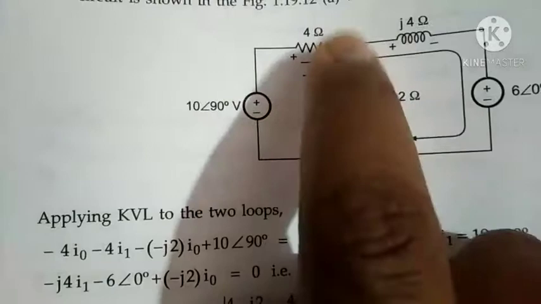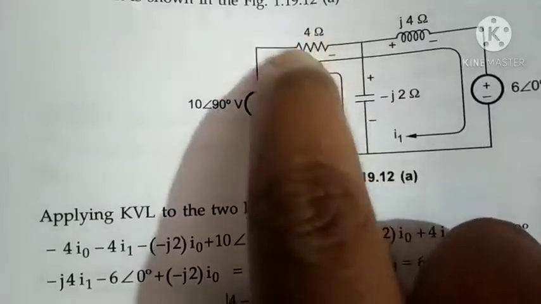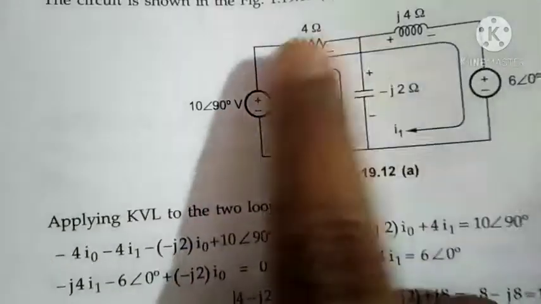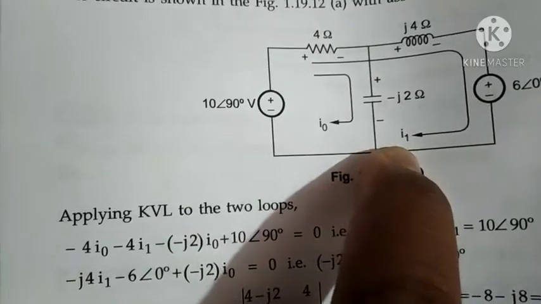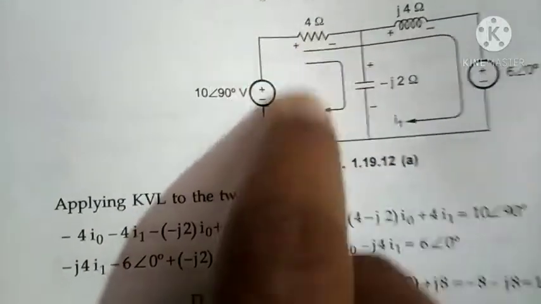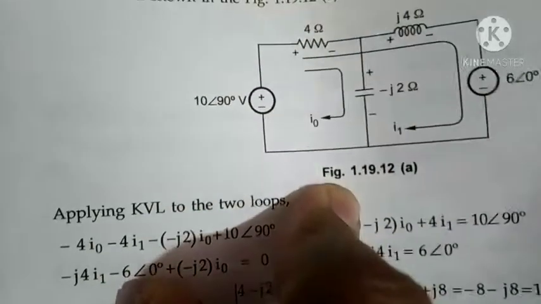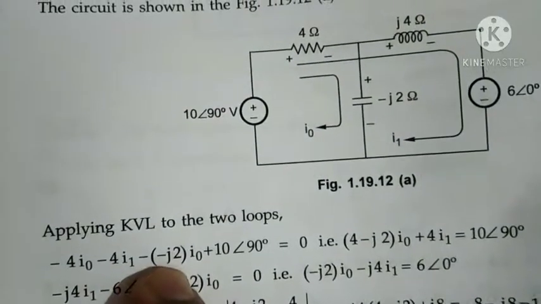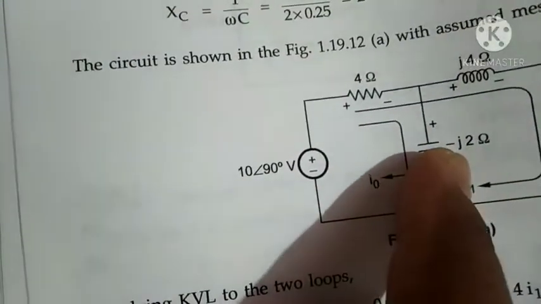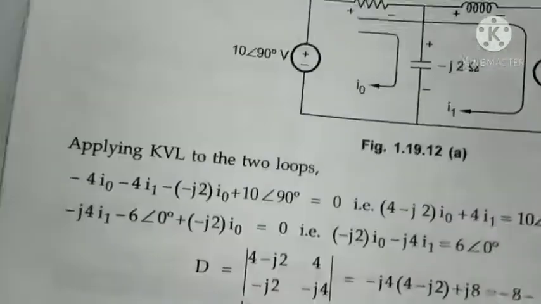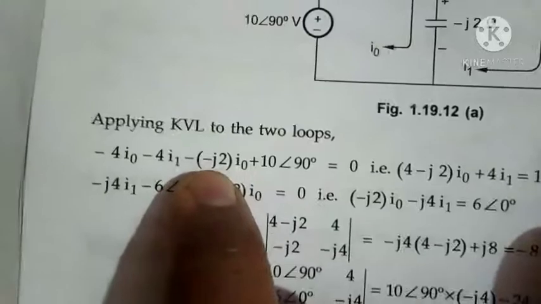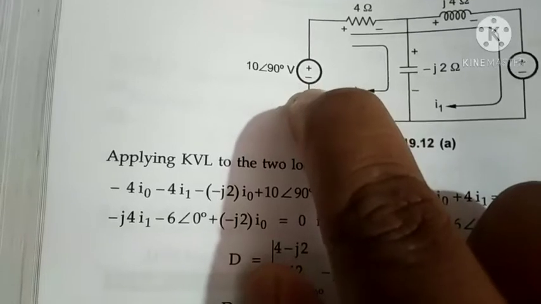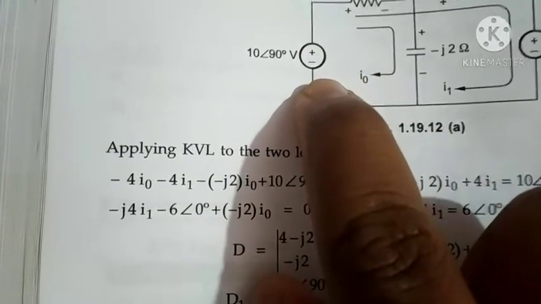For this small mesh they have taken the current as I0, and for this big mesh they have taken the current as I1, so this 4 ohm has two currents, I0 as well as I1. Minus the current flowing through this 2 ohm, that is I0 into minus J2, plus 10 root 2, because I am moving from minus to plus, plus 10 with 90 degree, equal to 0.